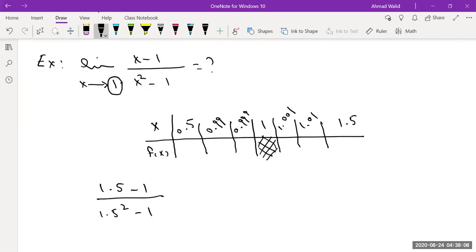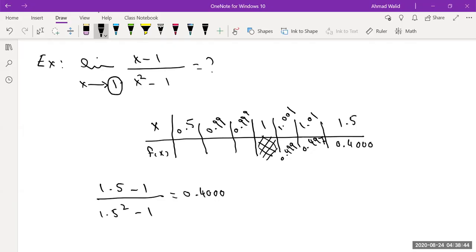If you simplify this calculation, it gives you 0.4. If you plug 1.01 into your function, it gives you 0.497. If you plug in 1.001, it gives you 0.499.